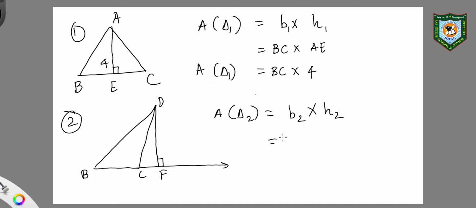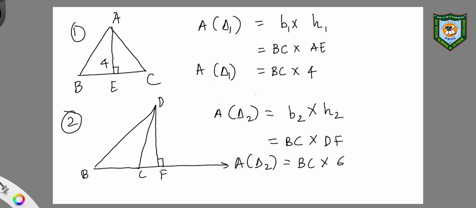So this becomes DF, and as in triangle DBC, CF is not a part of triangle DBC, I have to assume that the base here is BC again. So this value is BC. So area of triangle 2 becomes BC into 6.